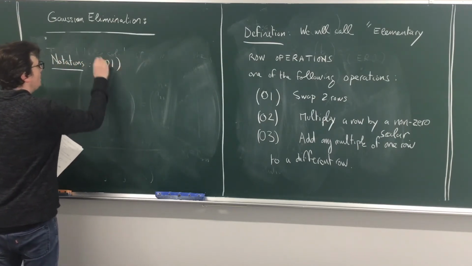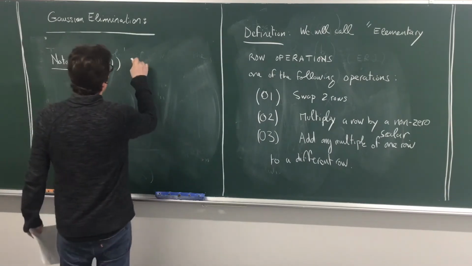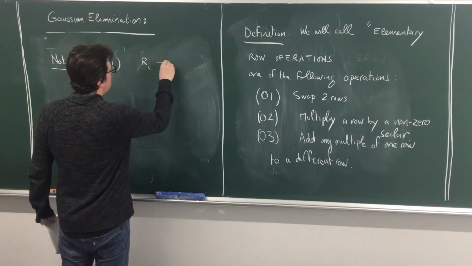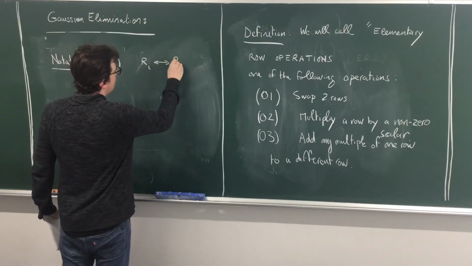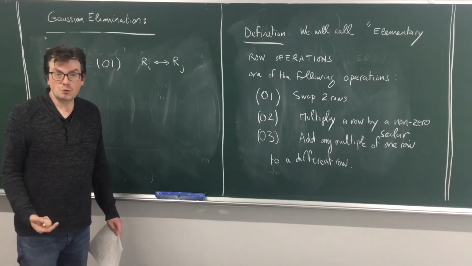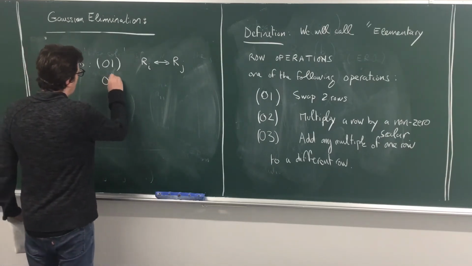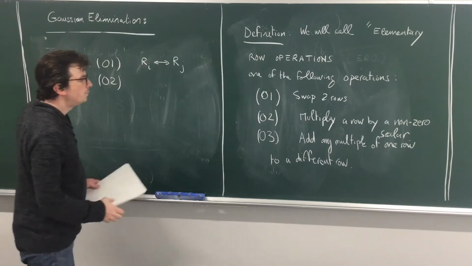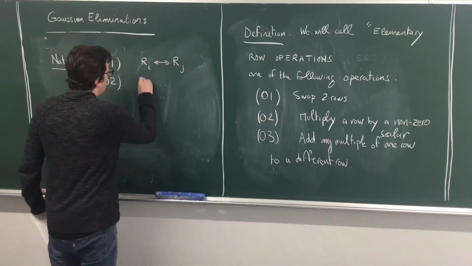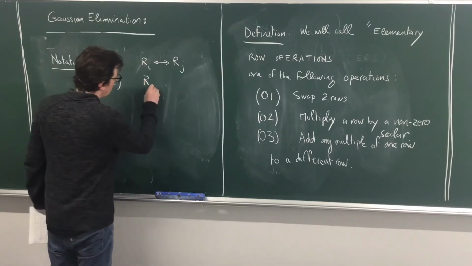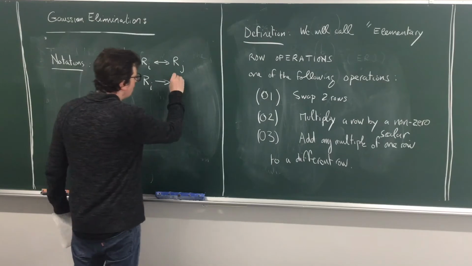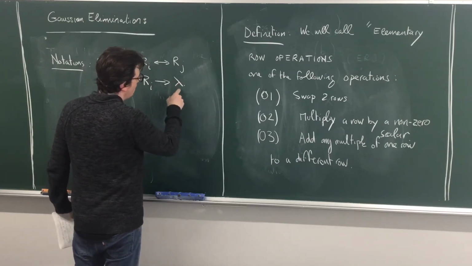Okay, for O1, swapping of two rows, we will use the following notation. If you swap row i with row j, you will write like this. Row i is swapped with row j. Now, operation 2, you multiply a row by a non-zero scalar. So you will write first the row that you are going to modify, let's say row i, and you multiply this row by the scalar lambda.